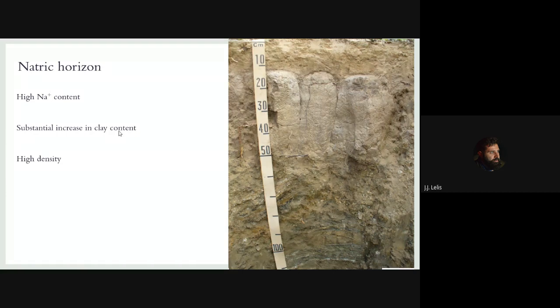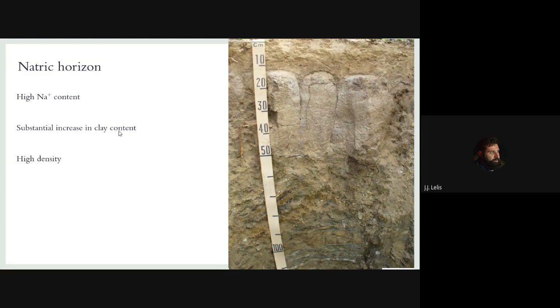And as sodium is not available in high contents in all sites of the world, we can only see natric horizons in semi-arid and arid regions.